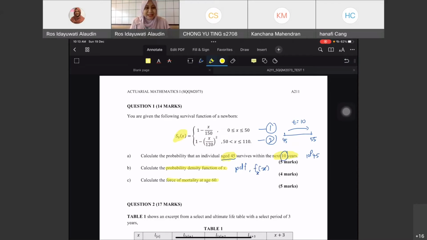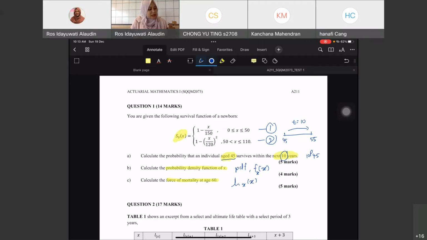So at age 60, you have to use the second function since the age is in the interval of the second function. And for age 60, what is the notation for the force of mortality? It is mu x. So you have to refer back to your notes.